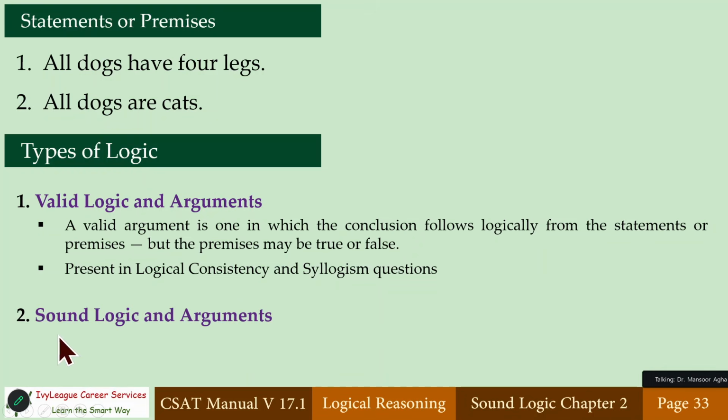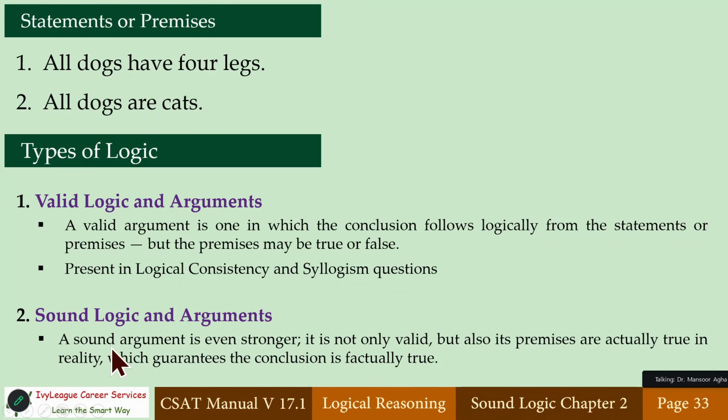On the other hand, we have a second kind of logic which is tested, which is called sound logic. It has sound arguments inside it. This kind of logic is even stronger. It is not only valid, which means it not only has conclusions based upon premises or statements, but its premises are actually true in reality, which guarantees that the conclusion is factually true. So the conclusion of sound logic is factually true.